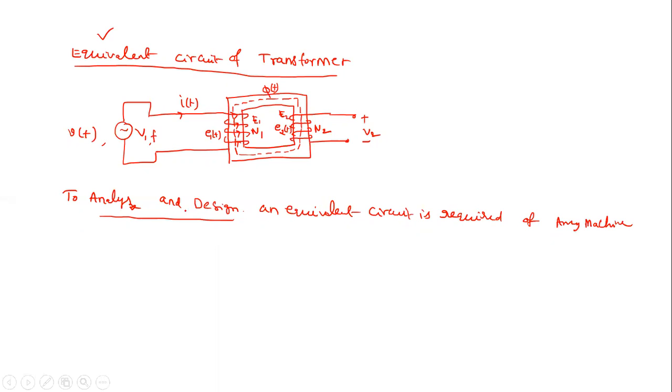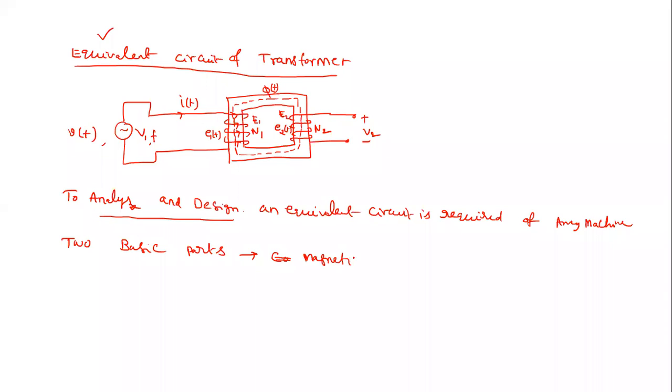You know that there are two basic parts in a transformer. Can you tell me what those two basic parts are? Sir, core and winding. Exactly.